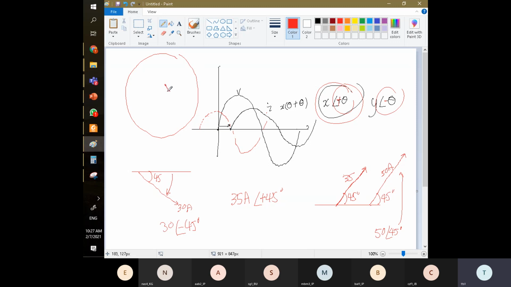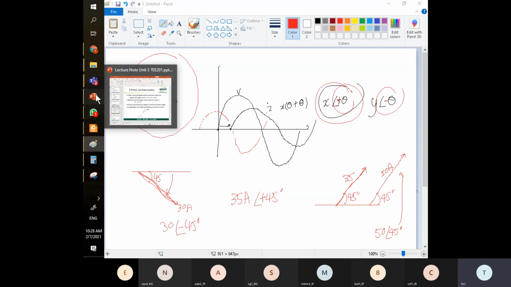Sometimes they have a very long tail. When the tail is long, that means the plane is very fast. When the tail is very short, that means the plane is very slow. They use the magnitude and then the angle also. Very quickly they can come out with whether these two are going to collide or not. They can quickly determine the result by converting to this phasor form.